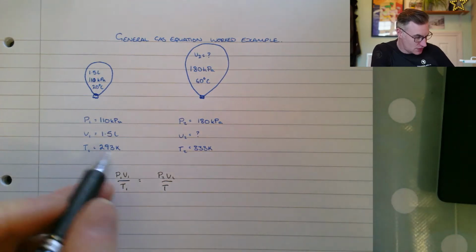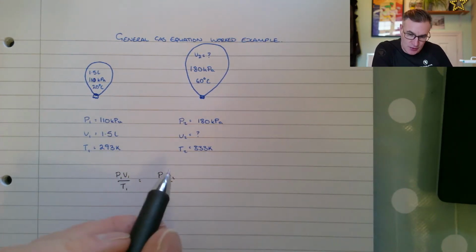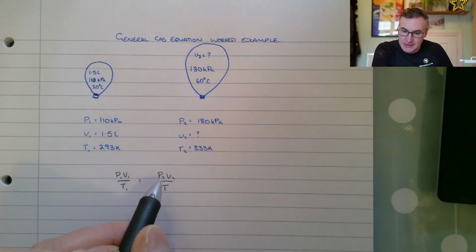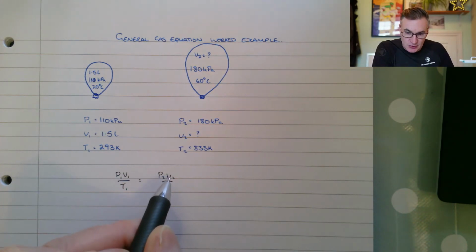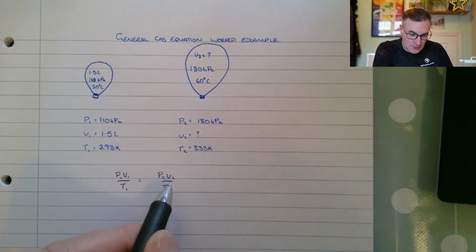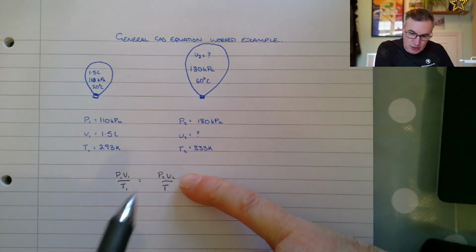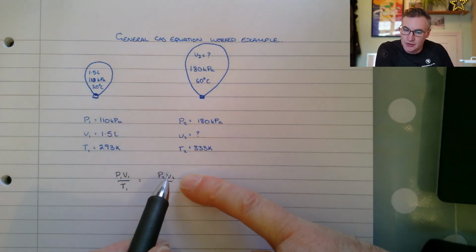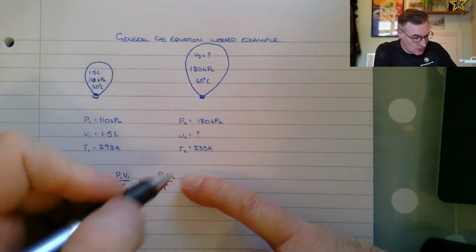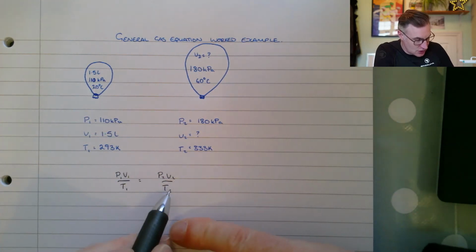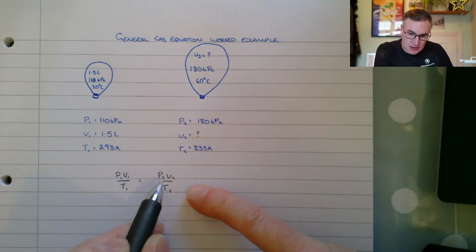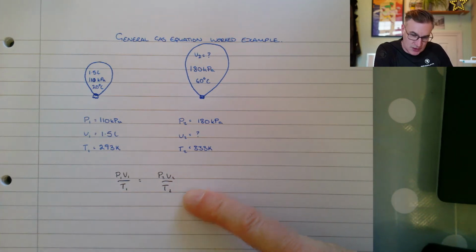Make our substitution if you wish, but we, as before, are going to rearrange first. So we're looking for V2, and just as before, we're cross multiplying, so V2 must be on its own and on the top. So we're going to cross T2 up to there, and we're going to bring P2 down to there.